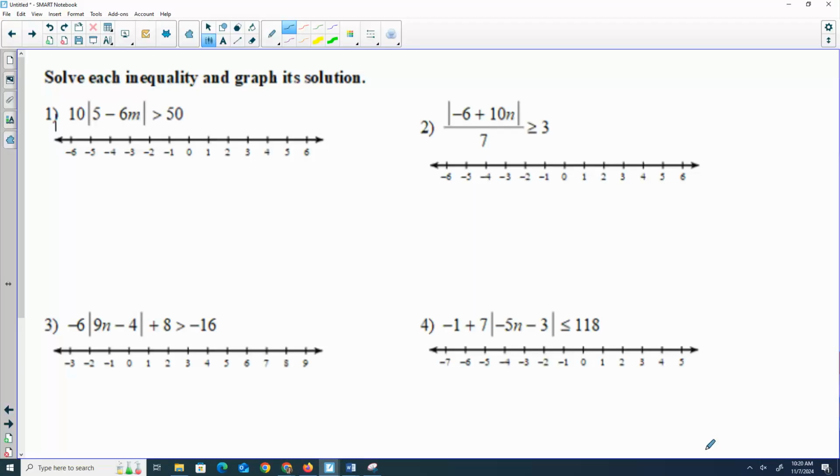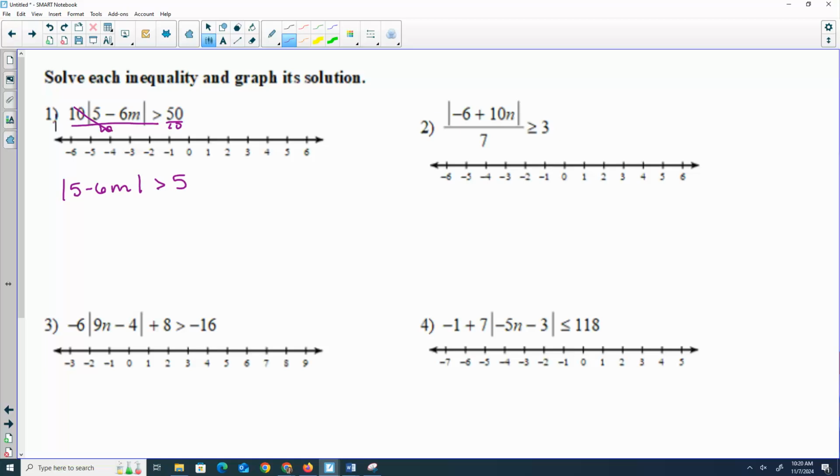Let's talk about this first one. I'm seeing a lot of mistakes as I walk around. Who can tell me where to begin? Divide by 10. Yeah. So when you do that, a lot of you are skipping this step, and that's why you're messing up later on.